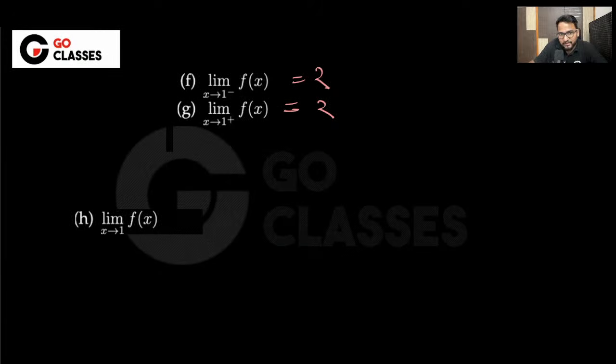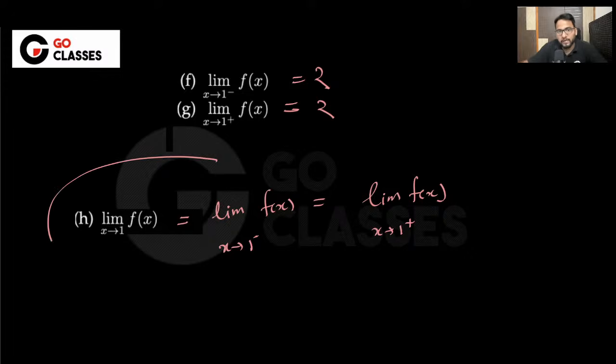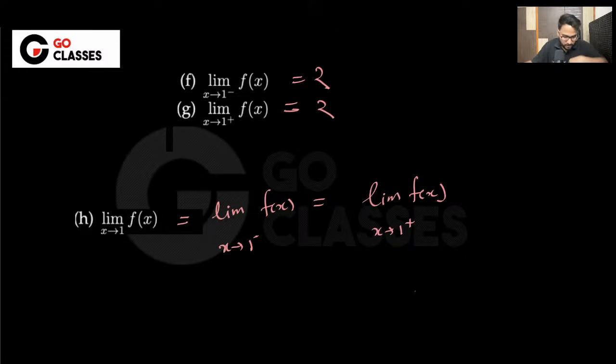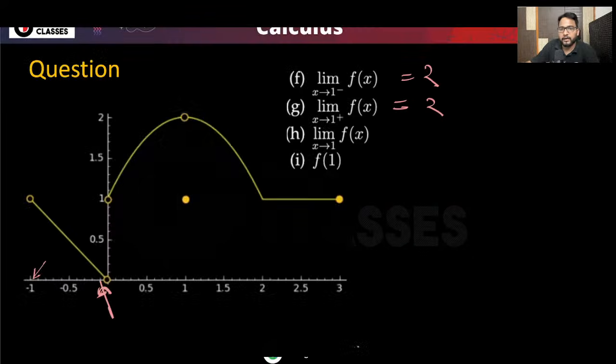H is defined first of all only when the limit x tends to 1 minus of f(x) equals the limit x tends to 1 plus of f(x), which means you can answer this H only when 1 minus and 1 plus are both equal. So here at this point, since both are equal, you will say this is 2. Now at f(1) the value is 1. So here you will say this is 1.